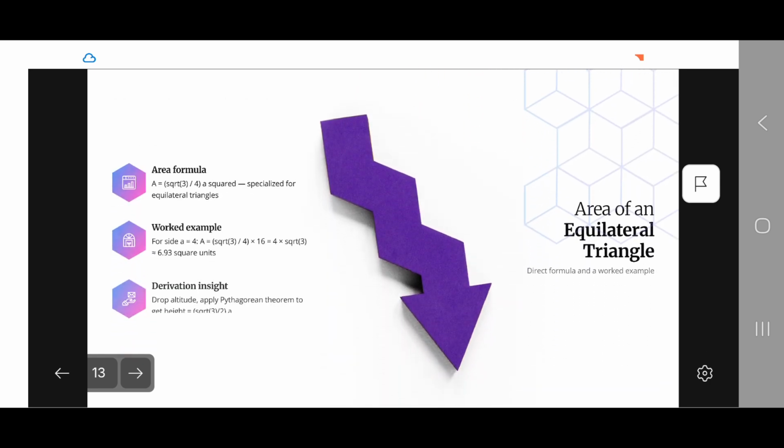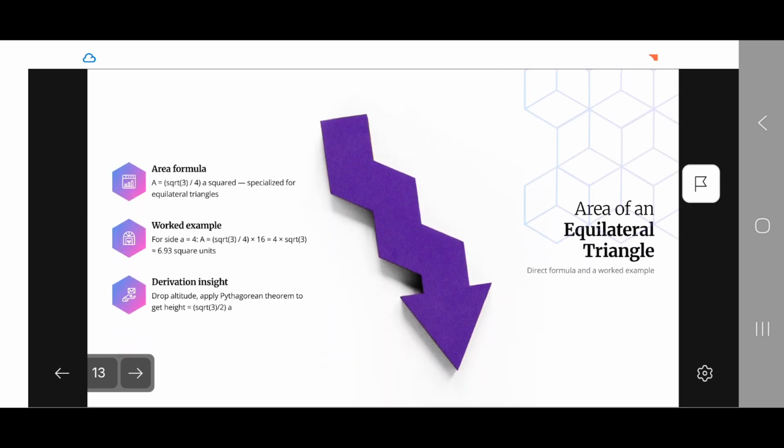Three more slides. Area of an equilateral triangle. The area formula is the square root of 3 divided by 4 times a squared, specialized for equilateral triangles.